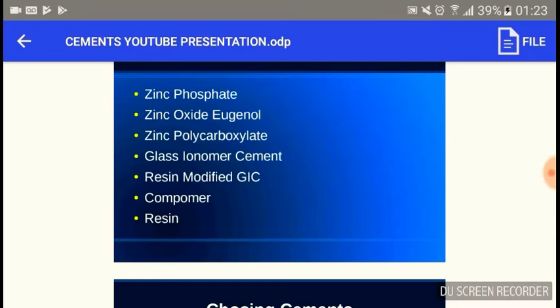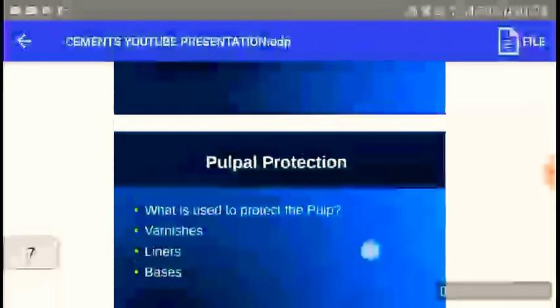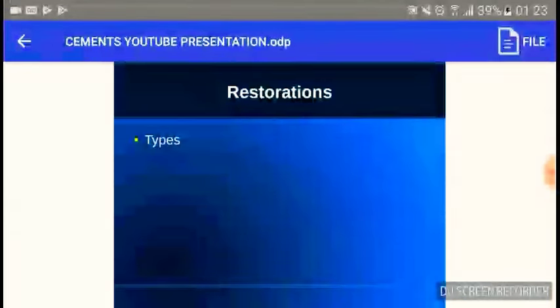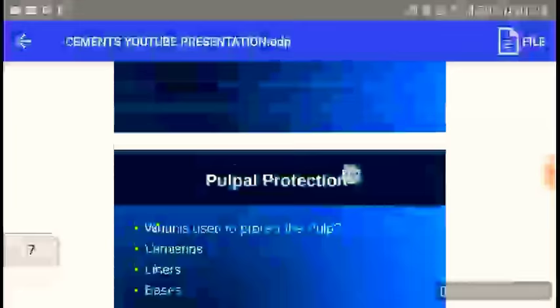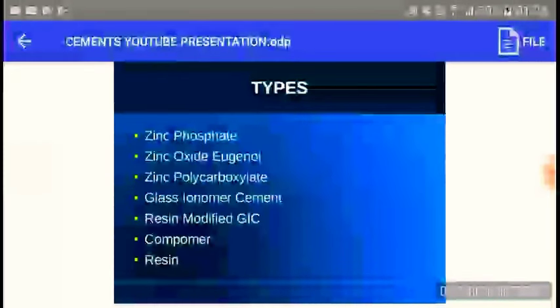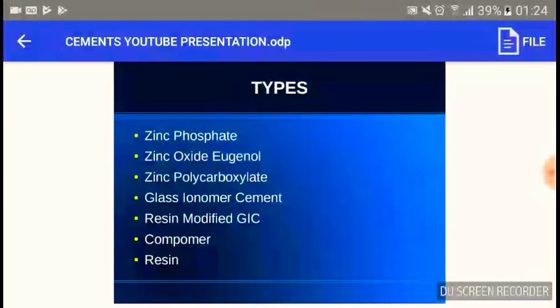So we've come to our last. Because we've already gone through pulpal protection, which would be the varnishes, liners, bases, as well as the types of restorations, we've come to the final type of cement, which is resin. As mentioned before, the different types of curing are chemical, light, and dual cure.